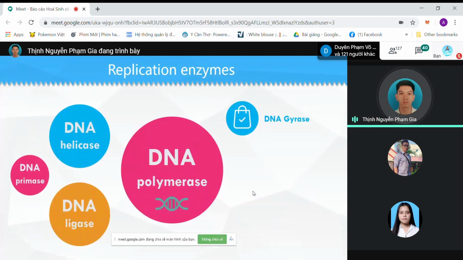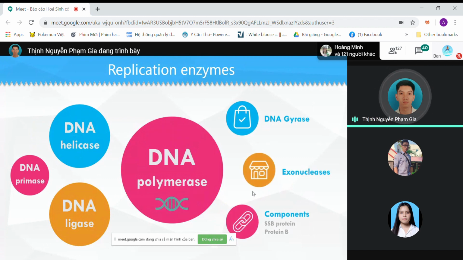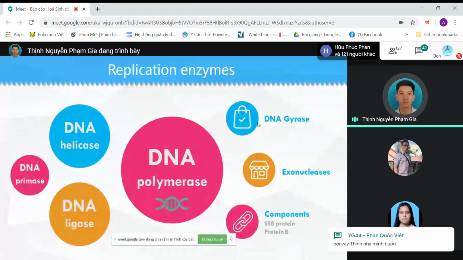Next are the enzymes. You may find the names of the enzymes very familiar. We have known them in high school. These enzymes will catalyze various steps in this process. For example, DNA helicase will unwind and topoisomerase will relax the DNA chain to prevent the DNA from becoming supercoiled.